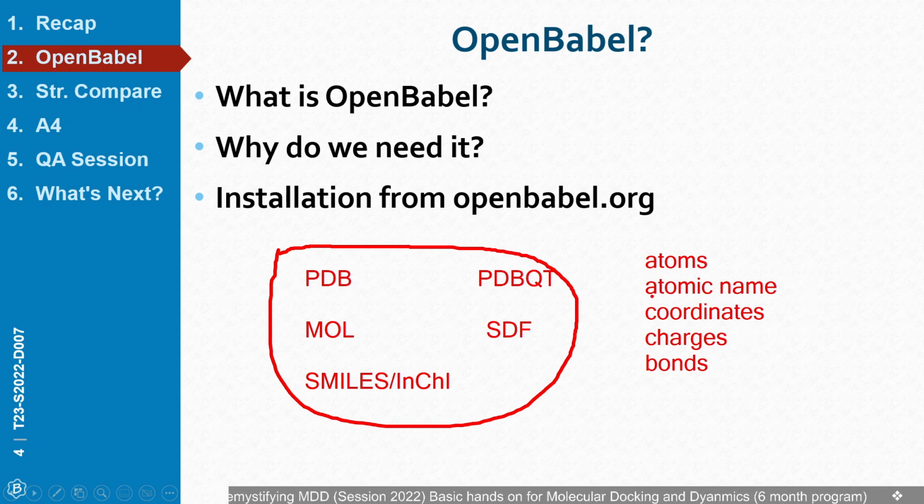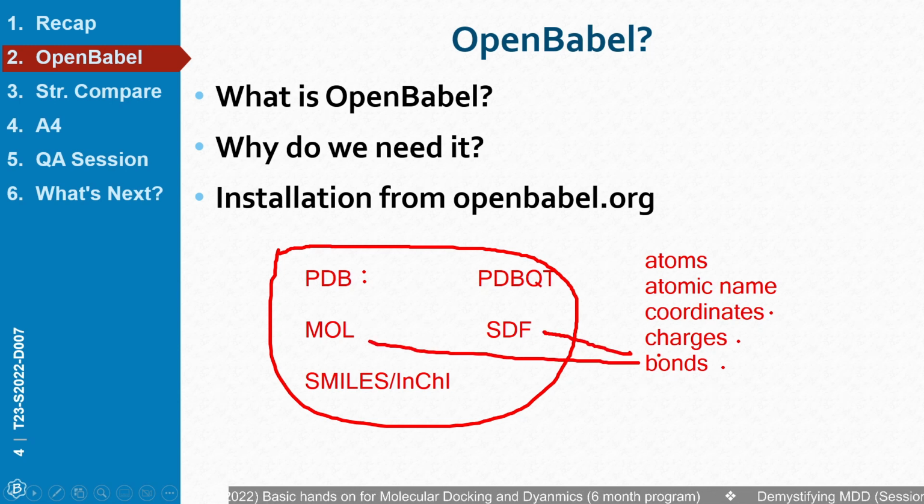Atomic name is compulsory, present in mostly all the packages, but you might be missing coordinate information, like we see in SMILES files. Charge information was missing from the PDB file, and bond information may not be present in the PDB file, and you have seen bond information was present in mol and SDF file formats, but it was missing in SMILES file format.